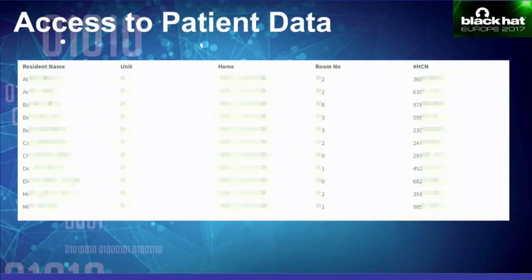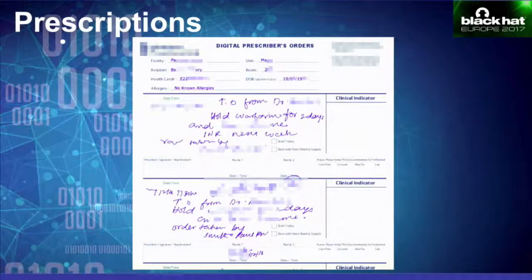And then finally, we were also able to pull out the actual prescriptions that doctors wrote. These were digitally sent to the pharmacies, but we were able to pull them out. And the beauty of it was that when I started this assessment, I looked at this digital pen and thought, this doesn't do much. In the best case scenario, I'd be able to sniff some data or get a couple of prescriptions out of there.